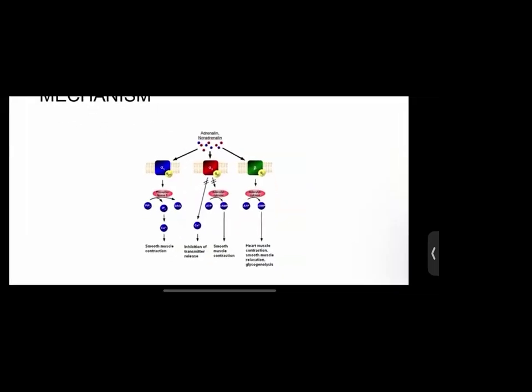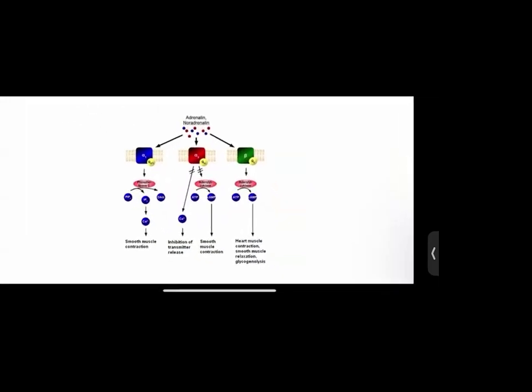Then the next slide, this is not clear, but this is just the summary of the mechanism of action of these adrenergic receptors. We have the epinephrine or the norepinephrine. They are receptor ligands to either alpha 1, alpha 2, or the beta receptors. So the alpha 1 couples to the Q subtype of the G protein.